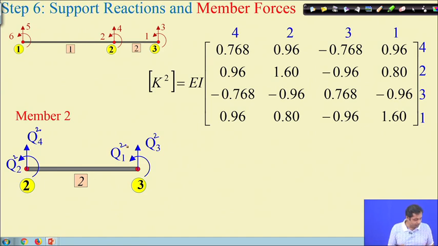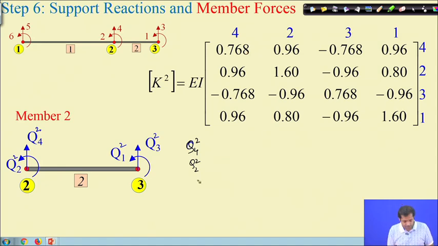And then similarly, for member 2 it will be Q4, Q2, Q3 and Q1, where the 2 stands for the second member. The order is like this because this is how the degrees of freedom are arranged, and depending on this arrangement, your stiffness matrix is constructed.